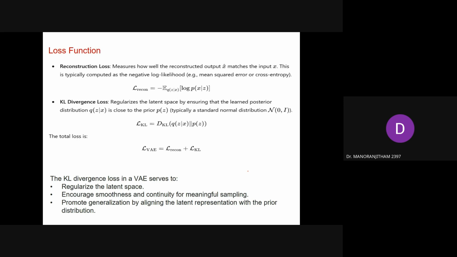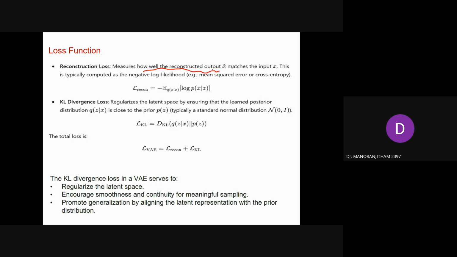Loss functions: we will have two loss functions, reconstruction loss and KL divergence loss. So what do we mean by these two? Reconstruction loss measures how well the reconstructed output matches the input. If there is any error during the reconstruction step, that is considered a loss of the function.